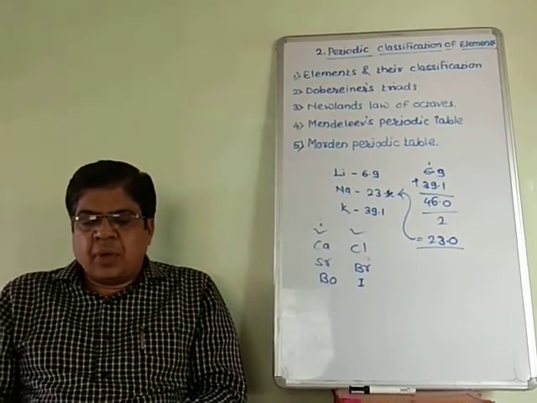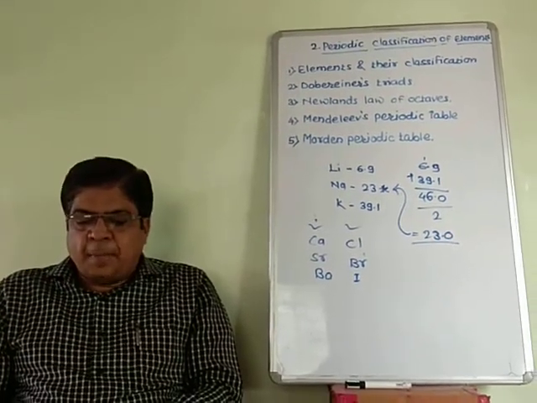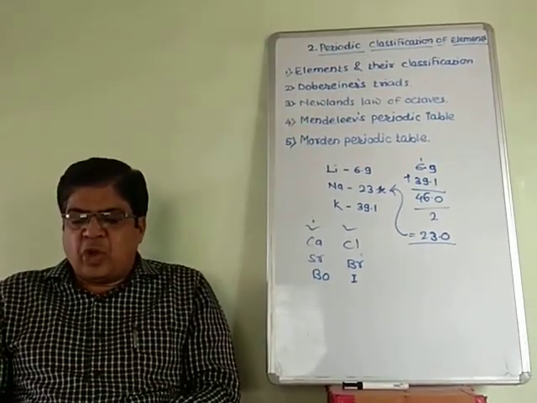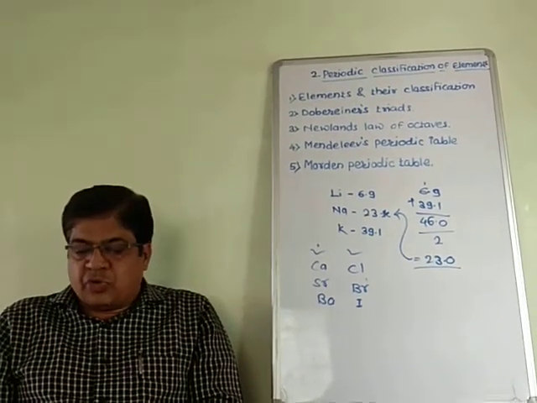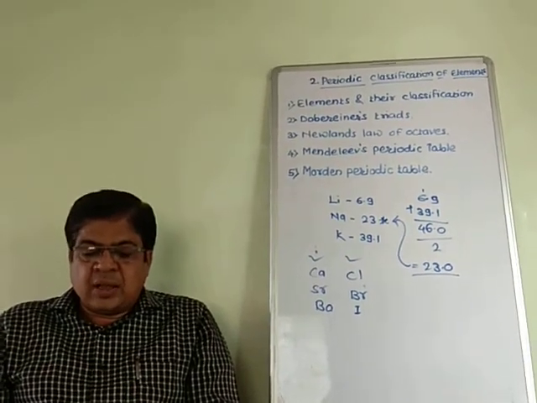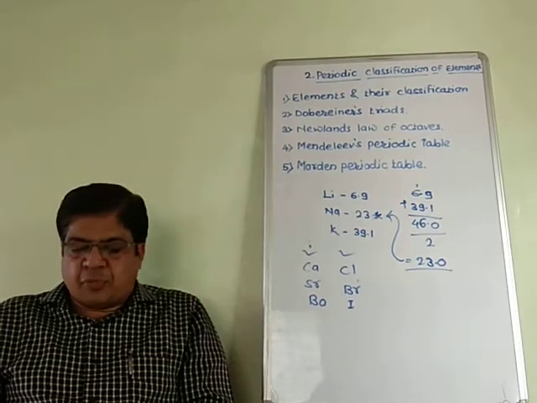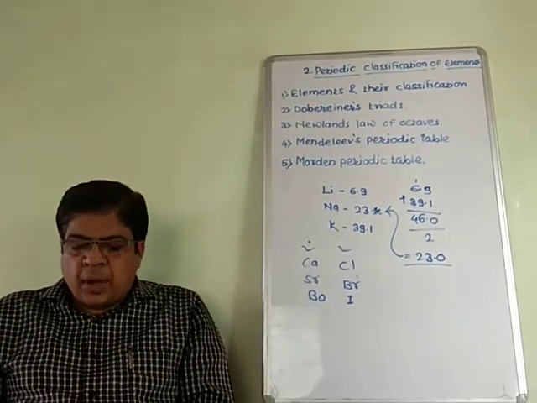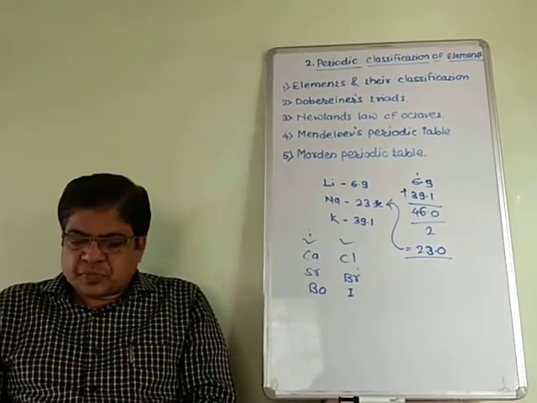For example, beryllium, magnesium and calcium belong to group 2, the family of alkaline earth metals. There are 2 electrons in their outermost shell, so the number of valence electrons is 2. Similarly, there are 7 electrons in the outermost shell of elements such as fluorine and chlorine from group 17, the family of halogens.